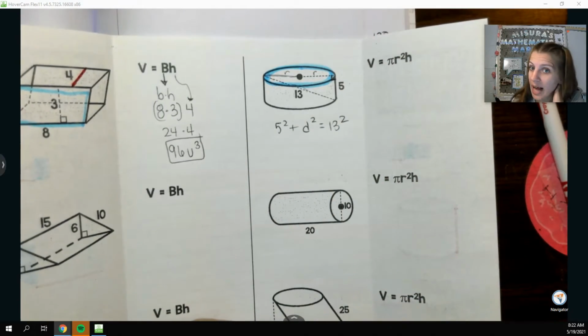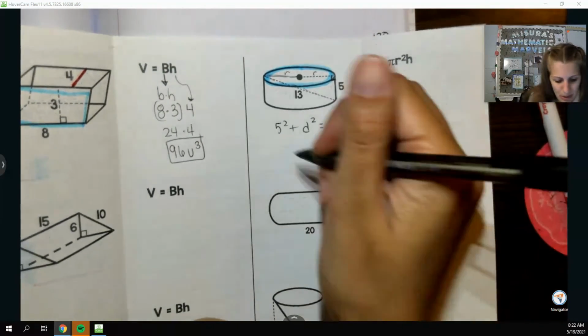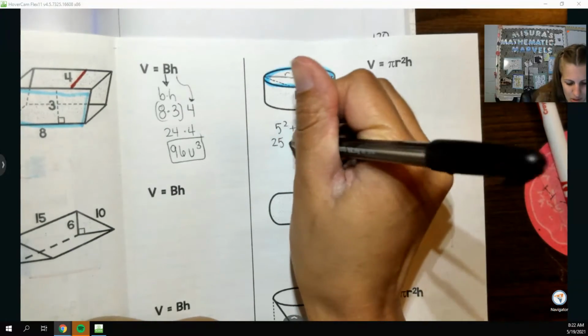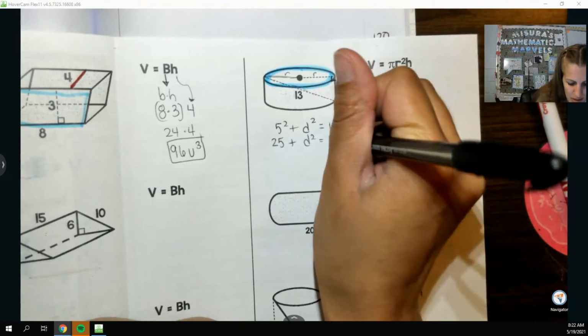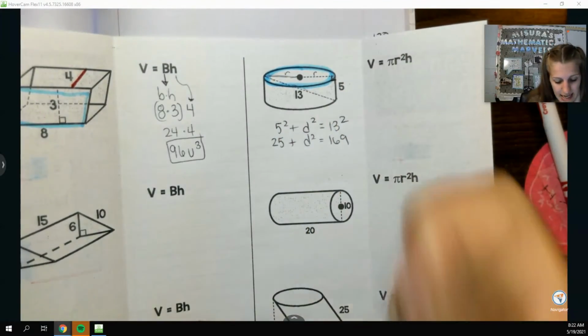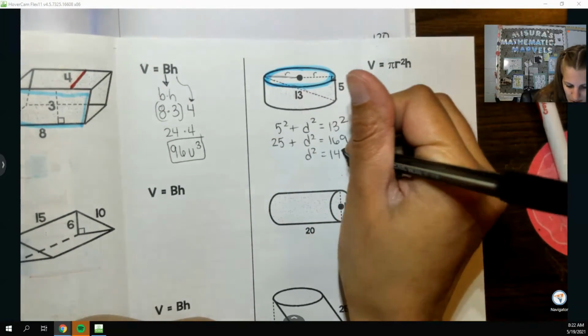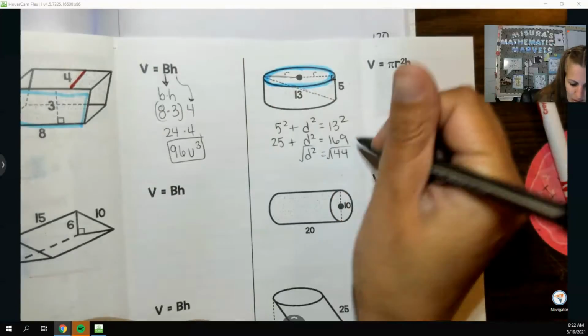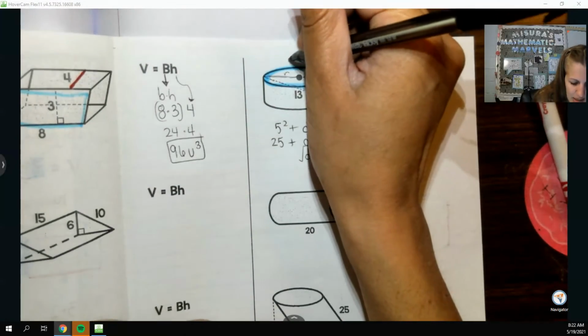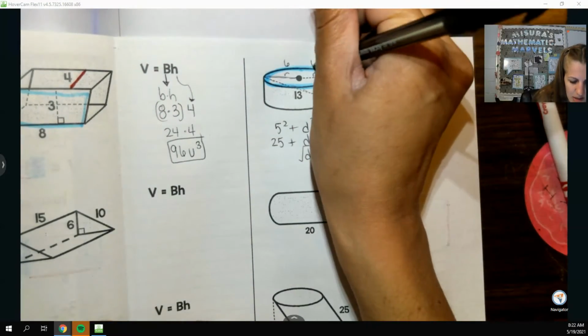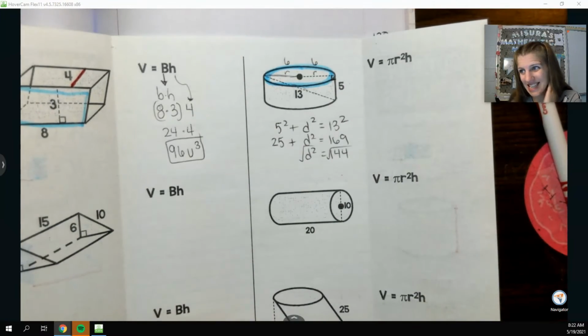And I'm pretty sure 5 and 13 make up a triple, but let's just double check. So we got 25 plus d squared equals 169, and then we'd subtract that 25 for 144, yeah. So my diameter is 12, which means my radius is 6.